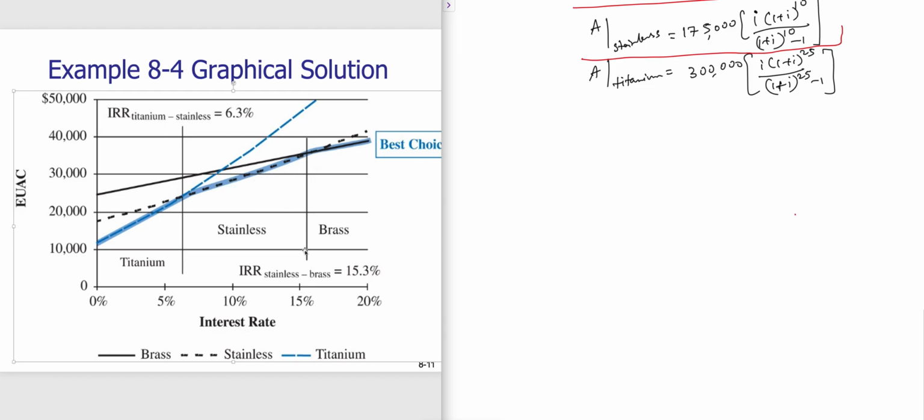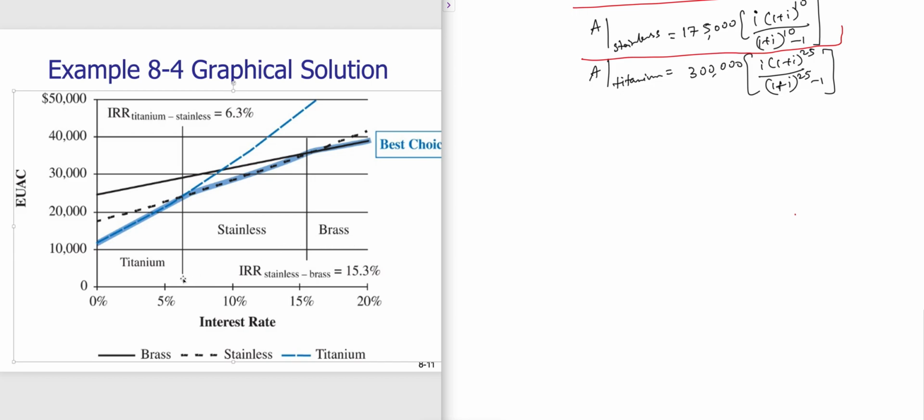Stainless steel seems to be better. But above 15.3% and above seems like the solid black line, which corresponds to brass. Brass seems to be better. That means for different interest rates, we have to choose different materials and consideration.